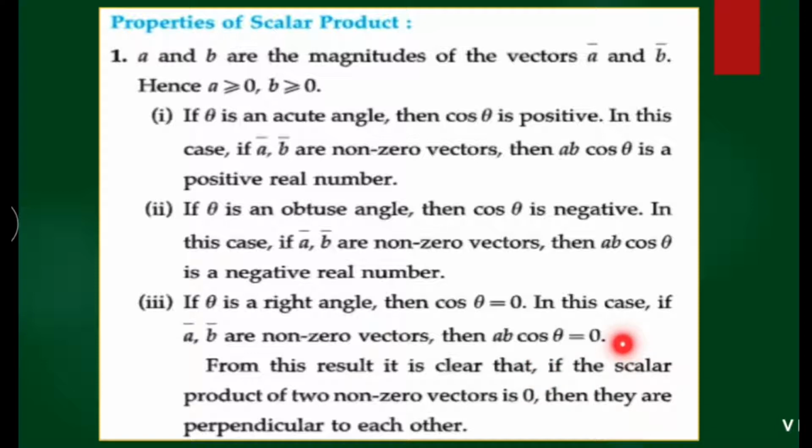That means when two vectors are perpendicular to each other, then their product must equal 0. From this result, it is clear that if the scalar product of two non-zero vectors is 0, then they are perpendicular to each other. So when their product is 0, those two vectors are always perpendicular.